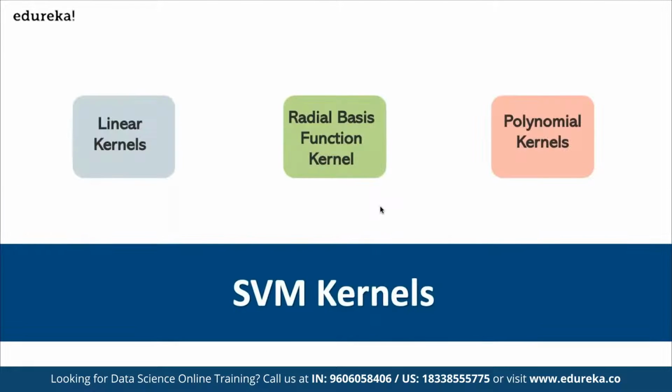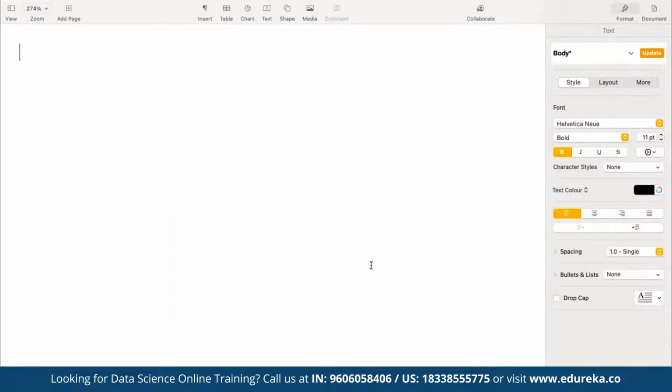First of all, let's talk about the linear kernel. A linear kernel can be used as a normal dot product between any two given observations. The product between the two vectors is the sum of the multiplication of each pair of input values.